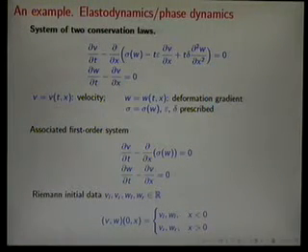So let me start with an old example that goes back to the work of Marshall-Slemrod, a system of phase dynamics or elastodynamics consisting of two equations, two conservation laws. The unknowns are the velocity and the deformation gradient, and there is an equation of state to determine the stress as a function of the deformation gradient.